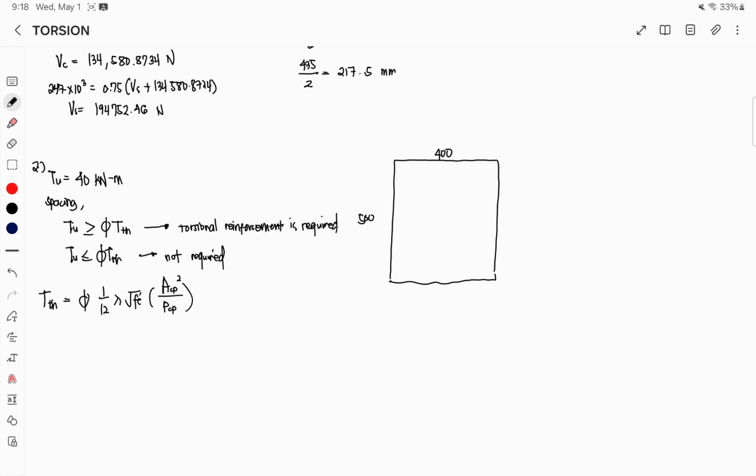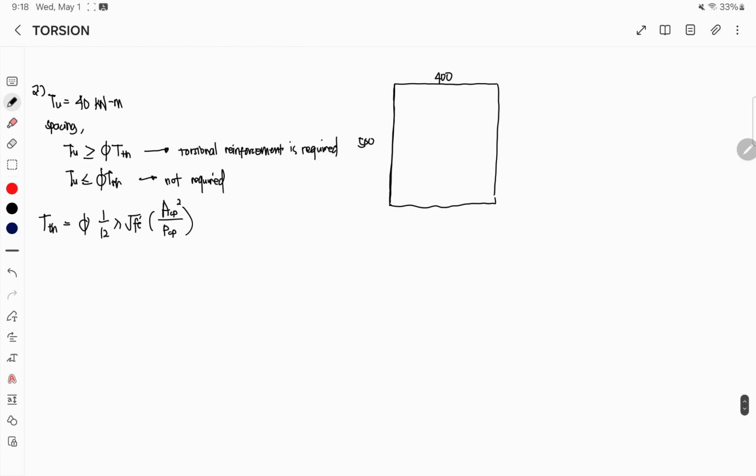So the whole cross section is the area Acp. It is just the area of the gross cross section, which is equal to 400 times 500. Pcp is just the outside perimeter of the concrete cross section.